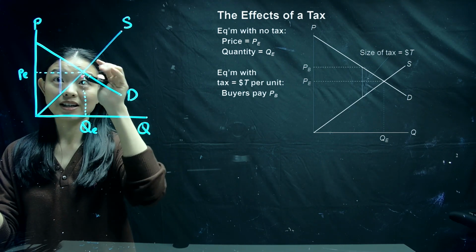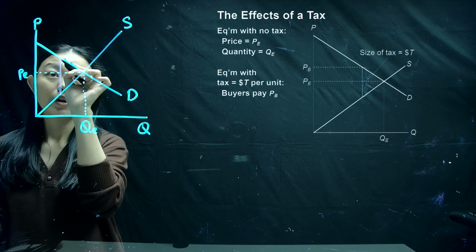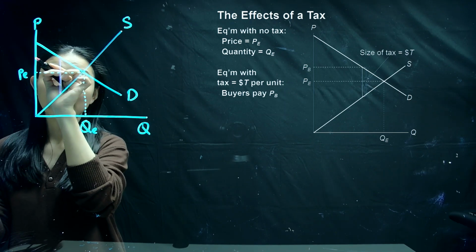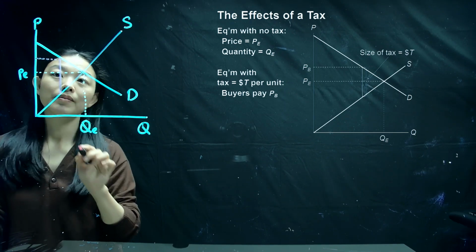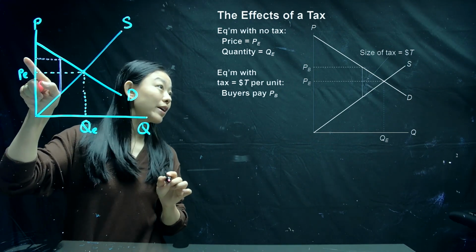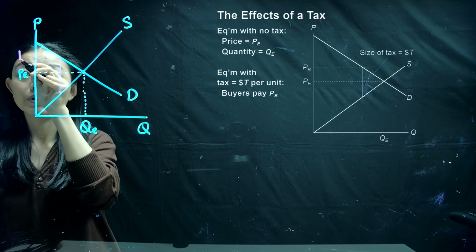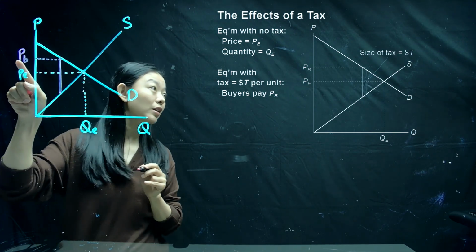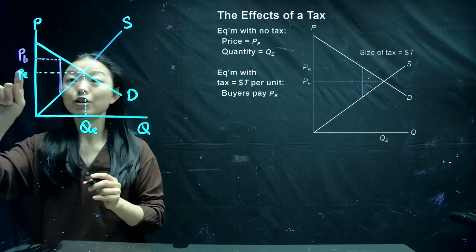So remember, find this point on the demand curve, and then you can get the corresponding price. I just mark it as PB. So PB measures what the buyers need to pay.